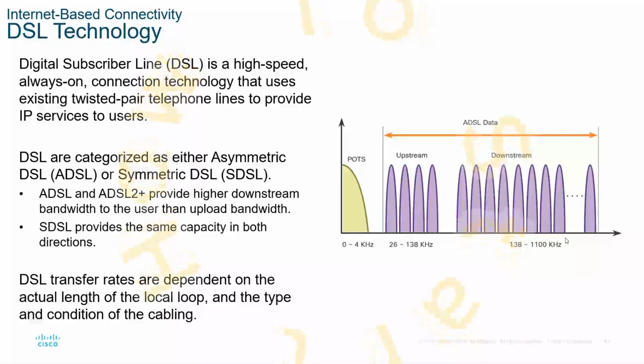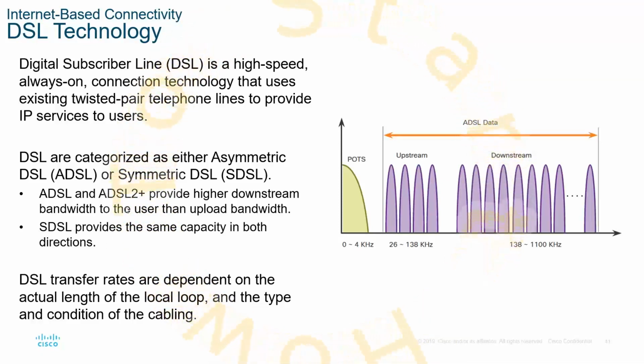Our DSL technology, DSL is a digital subscriber line. It's high-speed, always-on, and normally will use a form of DSL. A common form of DSL is ADSL, or asymmetric DSL. Though DSL does come in other flavors, so we can have SDSL also.